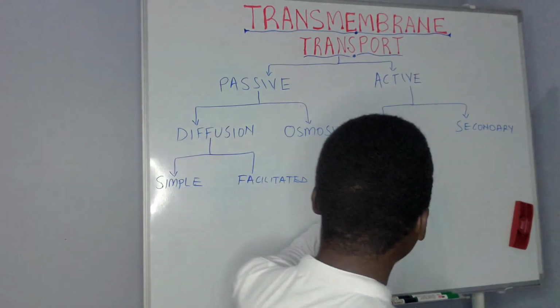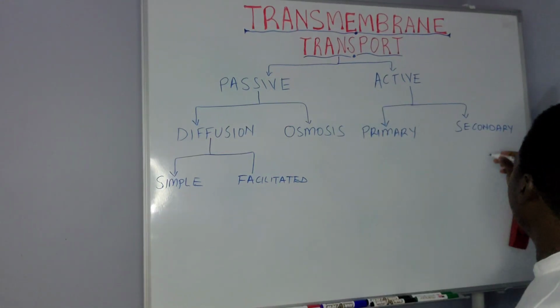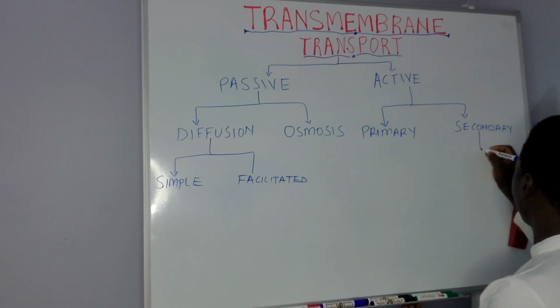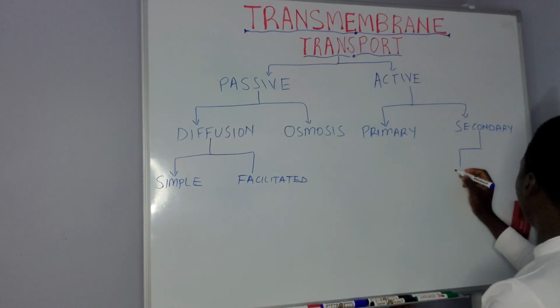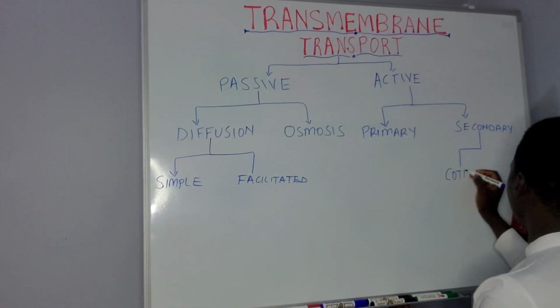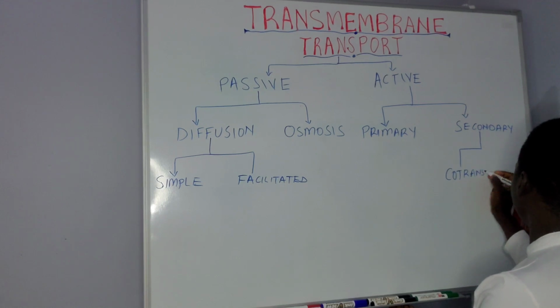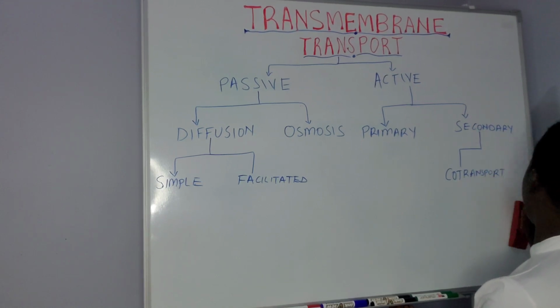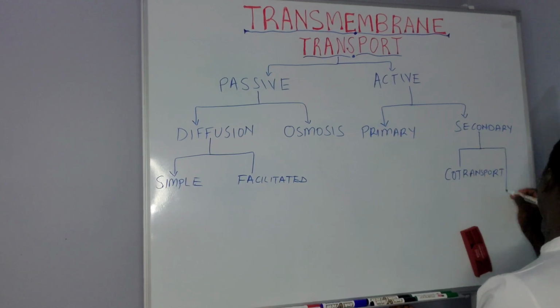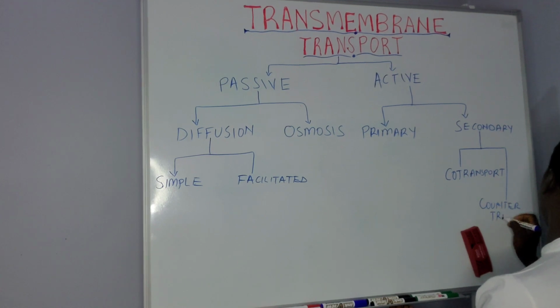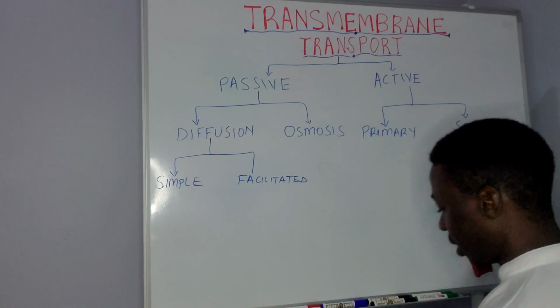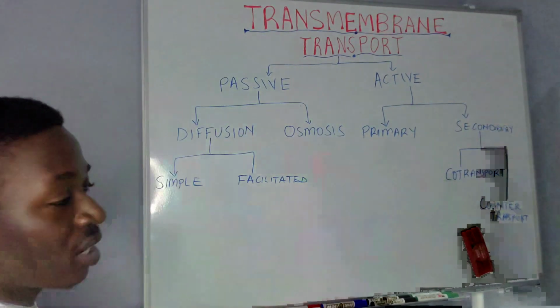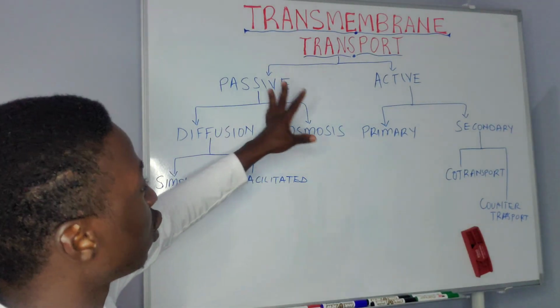So under the primary active transport, we shall look at it. Then under secondary active transport, we have what we call the co-transport mechanism, and then we have what we call the counter-transport mechanism. Okay, so this is a broad classification of transmembrane transport.